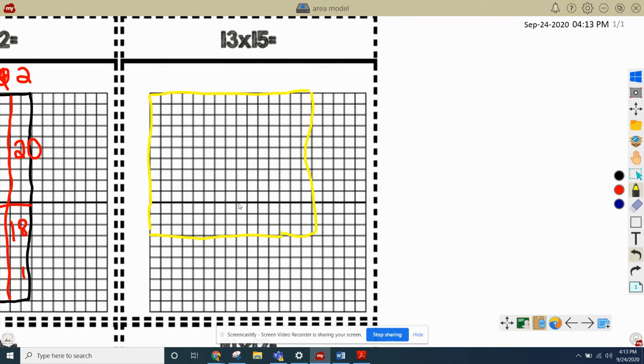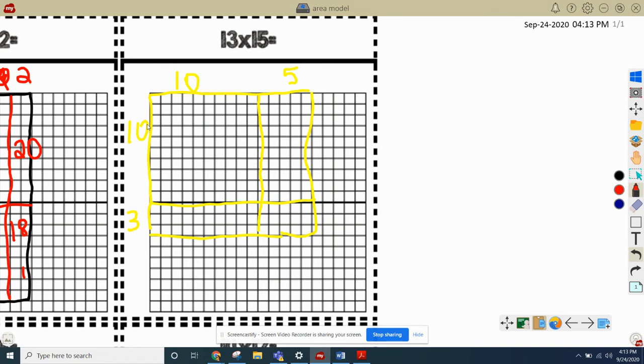But we're not going to go count all these little squares, so we need to break it down. So we're going to break the 13 down into 10 and 3. And we're going to break 15 down in expanded form into 10 and 5. Okay, and then we're going to solve for what goes in each box.